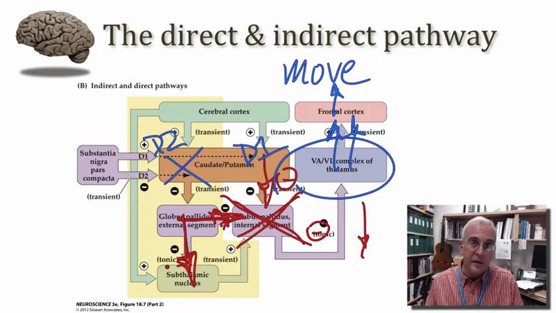So you see, in the presence of dopamine, the direct and the indirect pathway become synergistic partners for the facilitation of movement. And we'll talk about in just a few minutes the impact of Parkinson's disease, which involves a loss of dopamine.